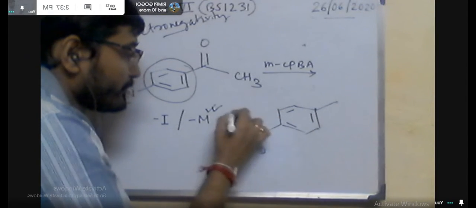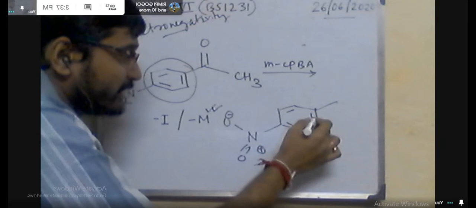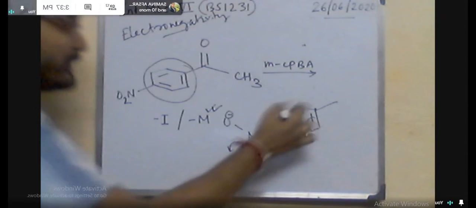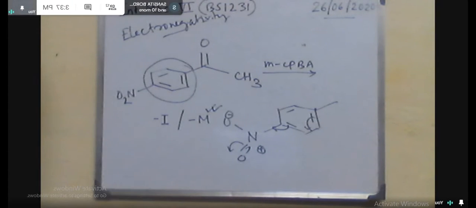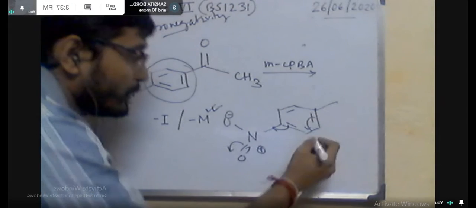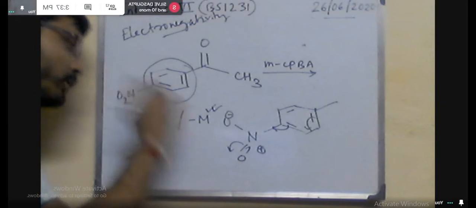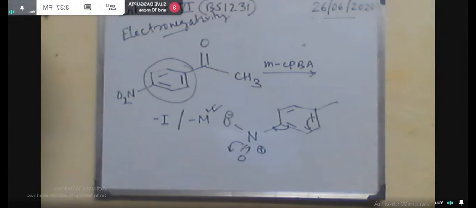So here the product you will get is C double bond O, OCH3. Okay. So these are the important parameters in the Baeyer-Villiger oxidations.